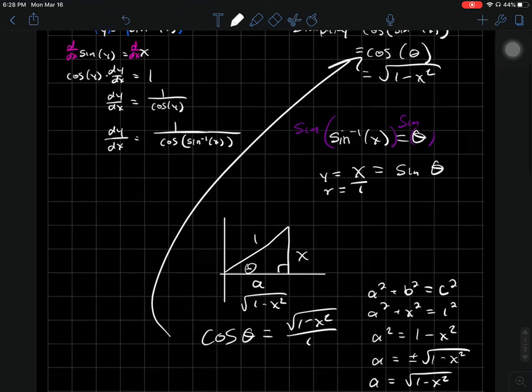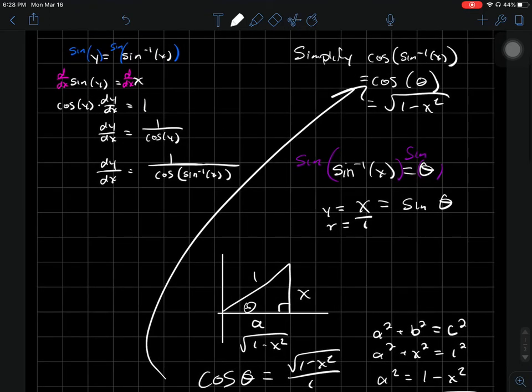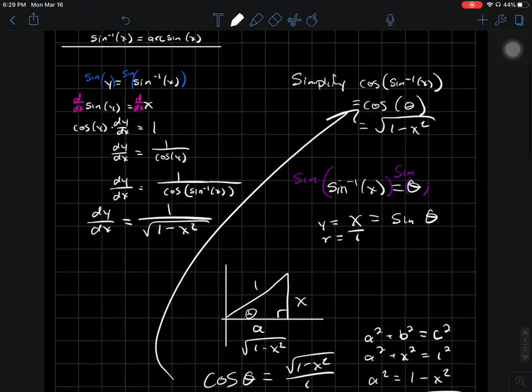Which then we can come back here, so we are saying that dy over dx is 1 over, we're replacing cosine of sine inverse of x with the square root of the difference of 1 and x squared.